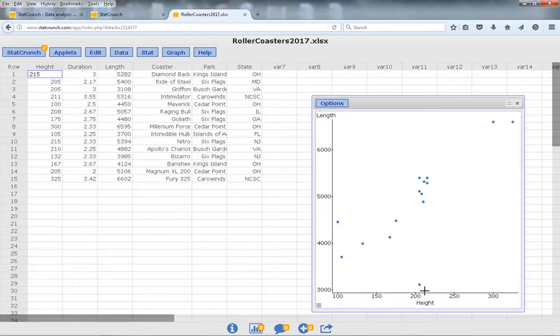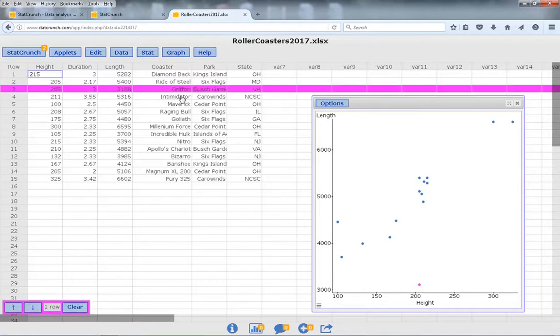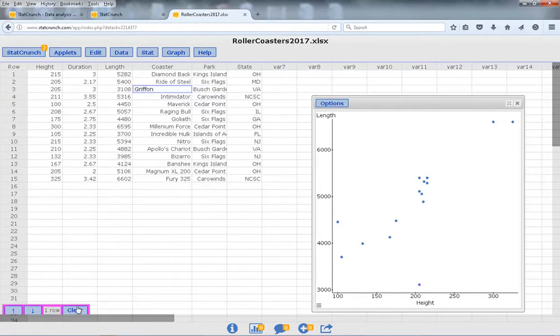So this would be sort of an outlier, and you can actually highlight it, and you can see that's the Griffin at Busch Gardens, and that might be something related to the space that they had to put the ride in or something.